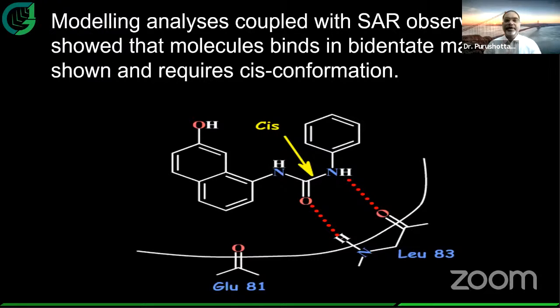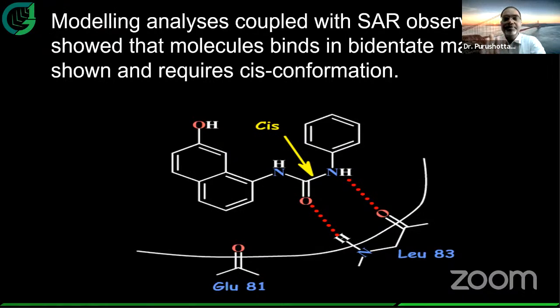Modeling analysis of this compound also verified that the NH of the urea moiety, or urea functional group, is involved with the leucine 83 oxygen in hydrogen bonding. In this case, this requires the cis conformation.